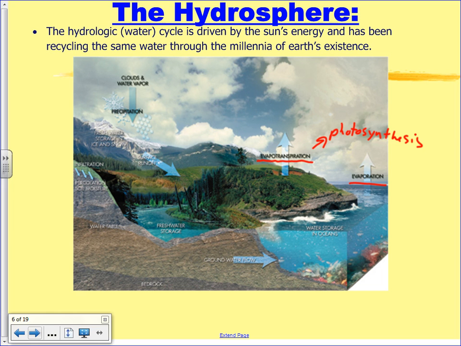When it gets to the Earth's surface, now it's probably going to either be absorbed or it's going to run off. Now, we don't call it absorption. We have to have a more difficult name to remember because it's science and we have to feel important. The absorption of water is called infiltration.